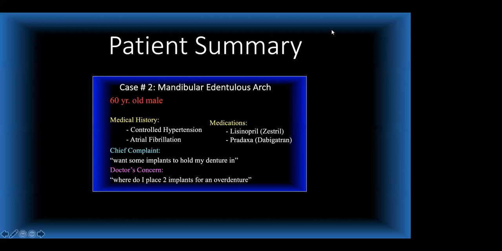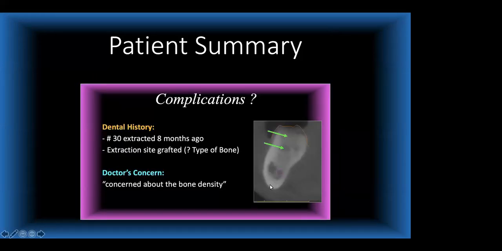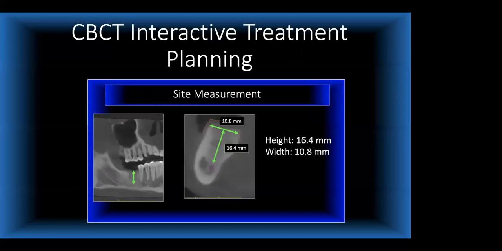That will be followed by a complications part, where I will discuss aspects of the case that would be very difficult, or where I can see some people getting into complications. Again, we will ask questions with those complications. Then we'll do interactive treatment planning, where we'll plan out the sites, put implants in, look at vital structures, and come up with a treatment plan.